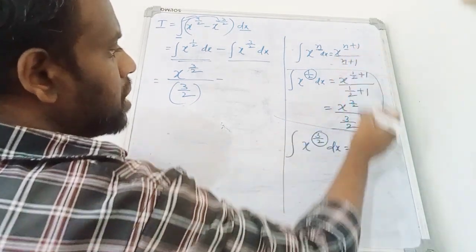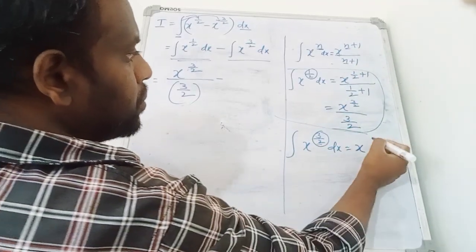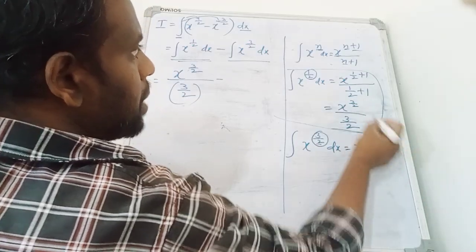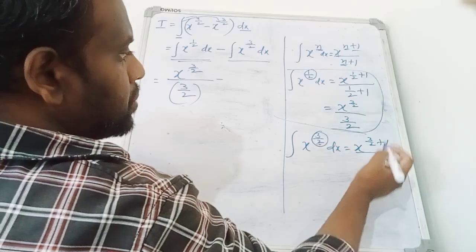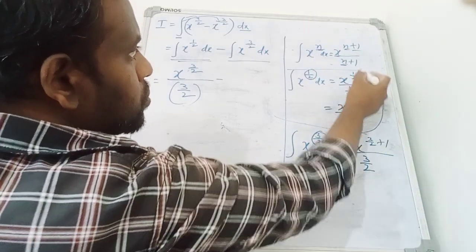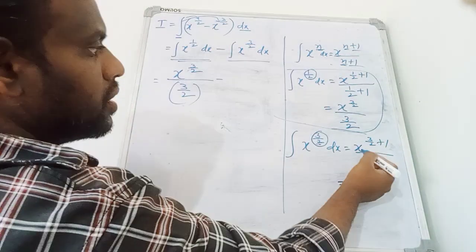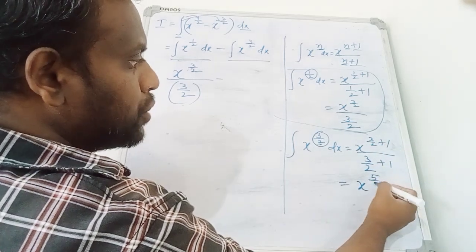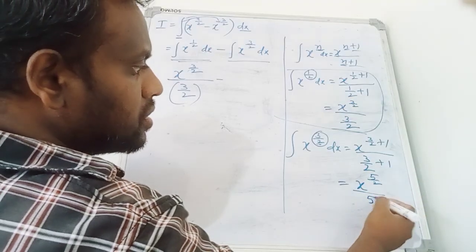According to this formula, x to the power of (3 by 2 plus 1) whole divided by (3 by 2 plus 1). 3 by 2 plus 1 is 5 by 2.